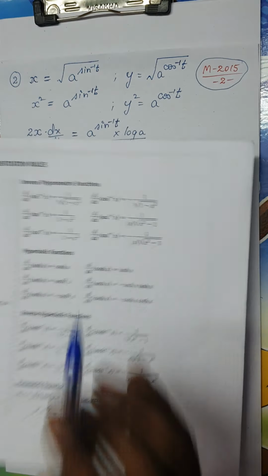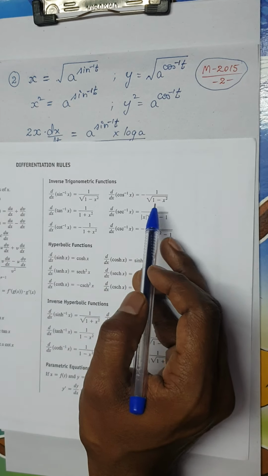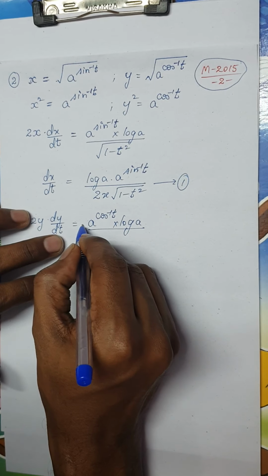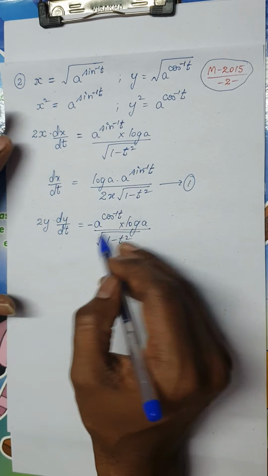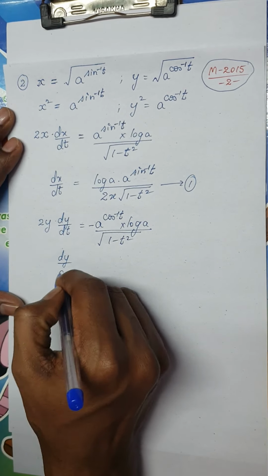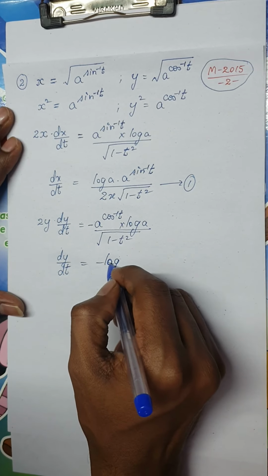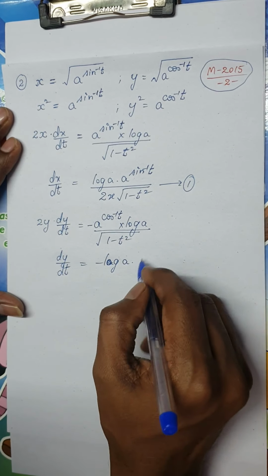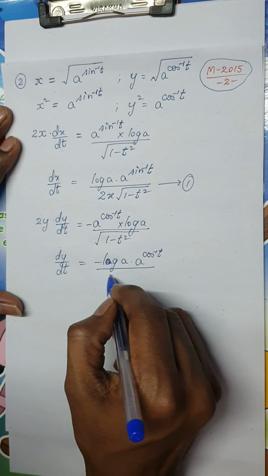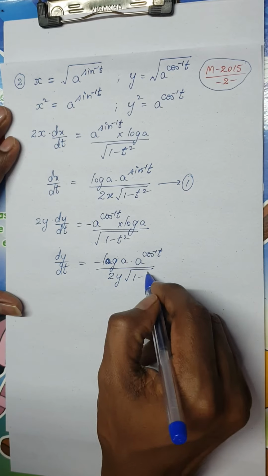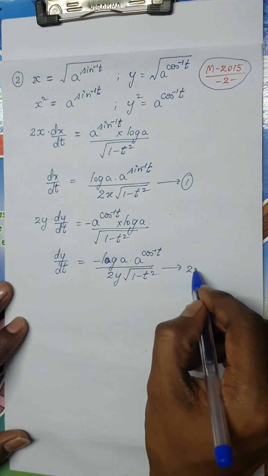The derivative of cos inverse x is minus 1 divided by root of 1 minus x square, so I will put the minus here, minus 1 divided by root of 1 minus t square. Further simplifying, dy by dt is minus log a into a power cos inverse t divided by 2y into root of 1 minus t square. Please be careful. This can be taken as equation 2.